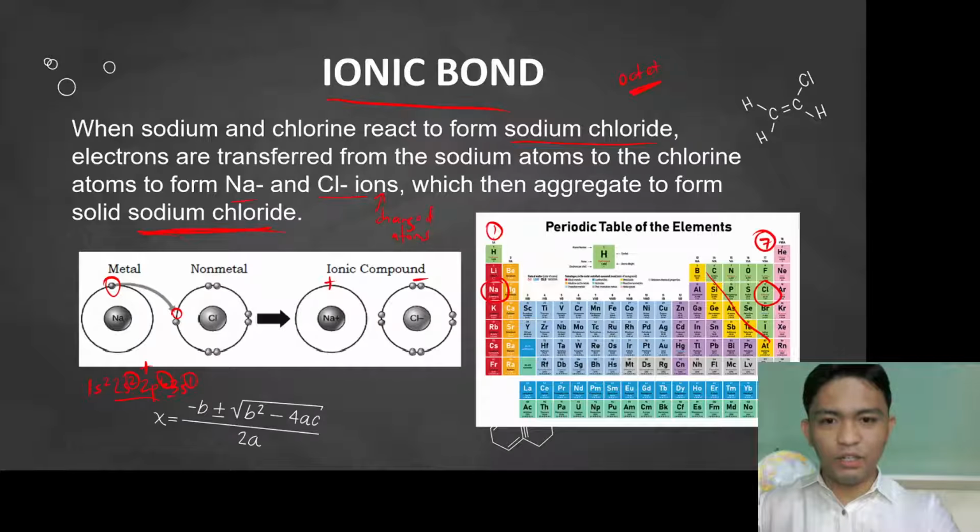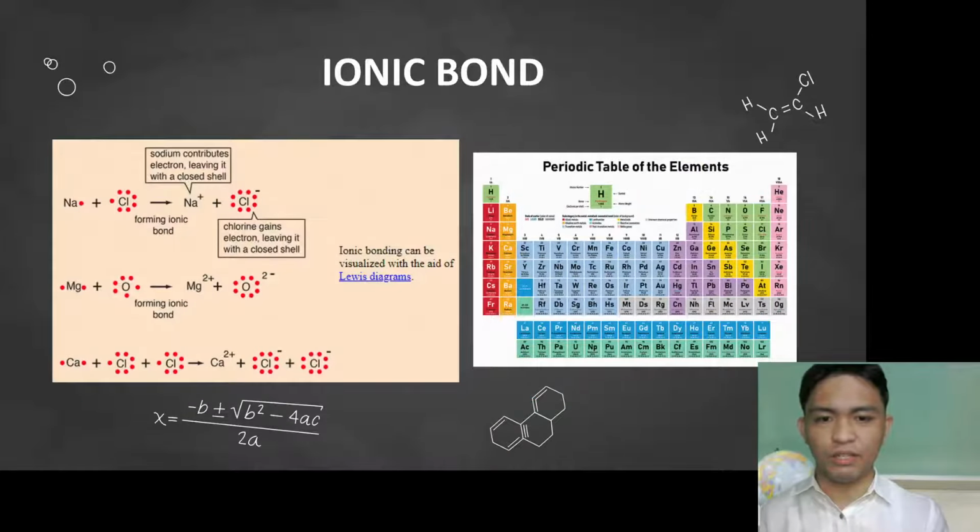Okay? Another way of visualizing this would be through a Lewis diagram. So dito sa Lewis diagram, ginagamit yung chemical symbol ng ating mga elements, sodium, di ba, Na, chlorine, Cl, and it makes use of dots. So yung mga dots na yan around the chemical symbol would be the number of valence electrons. Diba? Si sodium, 1, si chlorine, 7.